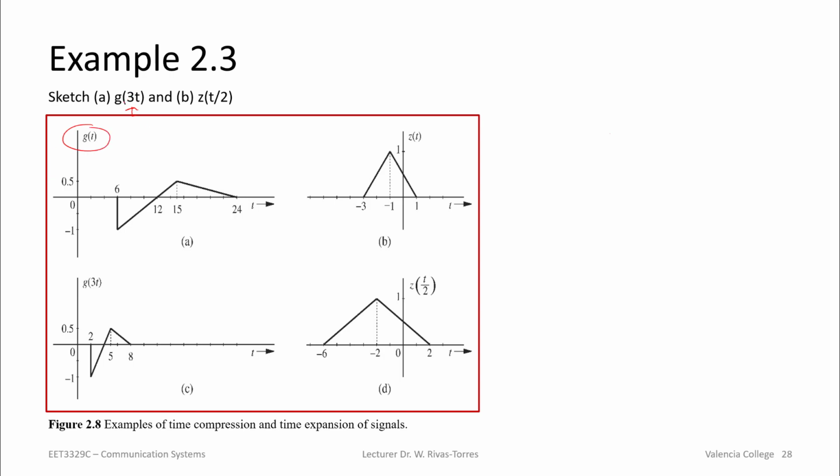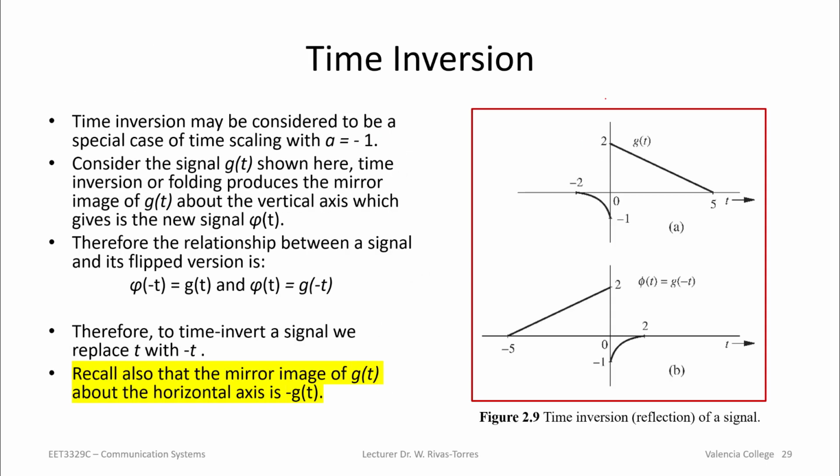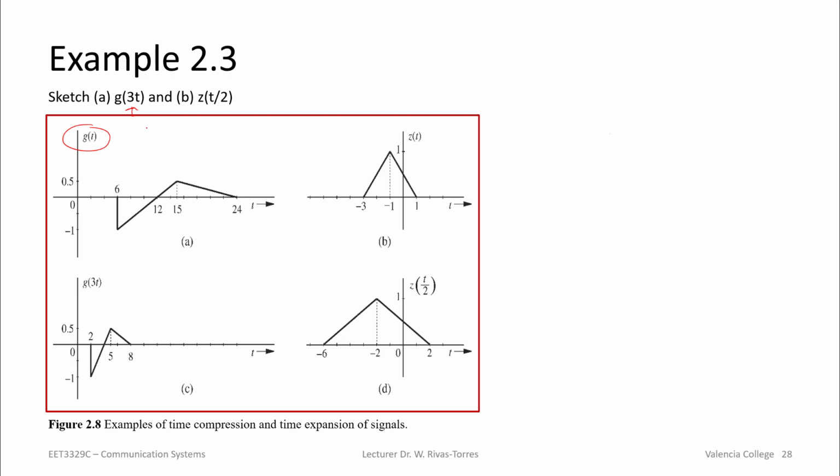If you do 3t, the easiest way is to say that your old t equals 3 t new. We're really interested in knowing what t new is, so t new is actually your t divided by 3.